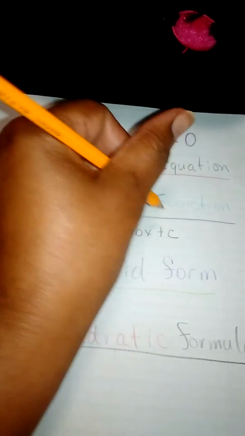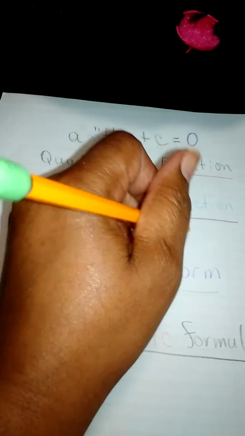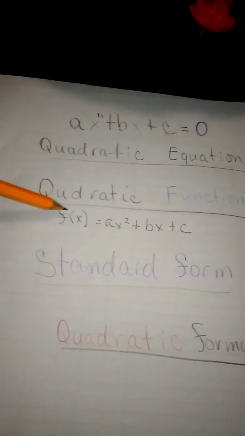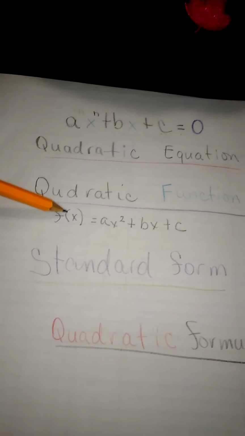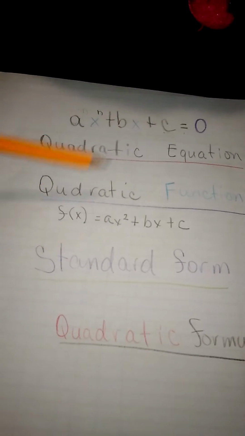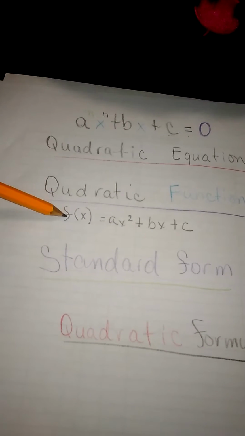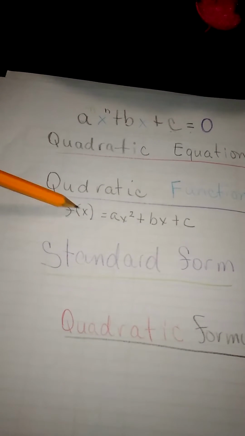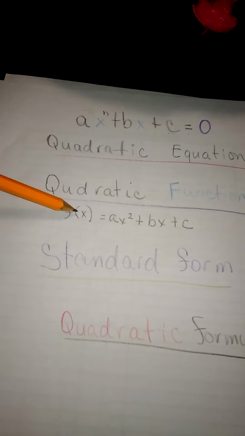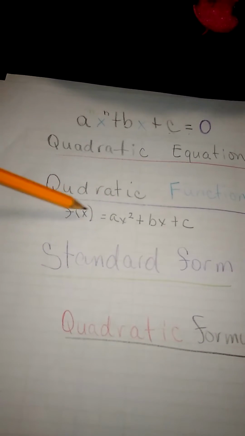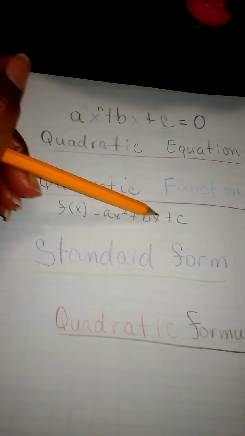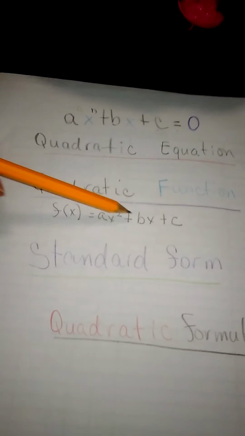Now this one already has an equal sign. You notice that I stopped right there, because I started off with the equal, we're looking for the function of x. In a sense, that means y. So when you see these two terms, all that means is the y-axis on the graph that comes out as a result of the function of this equation.